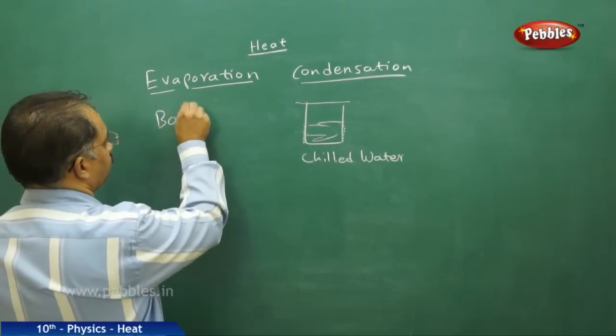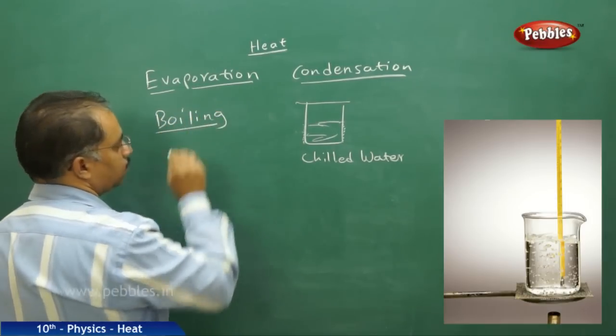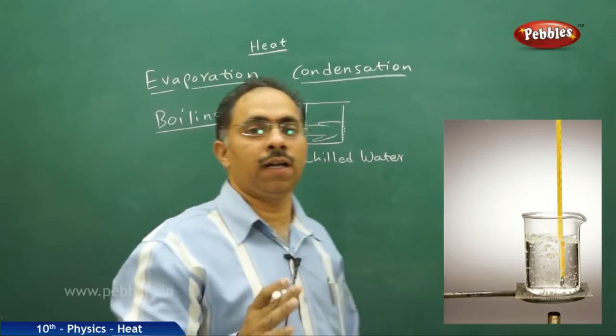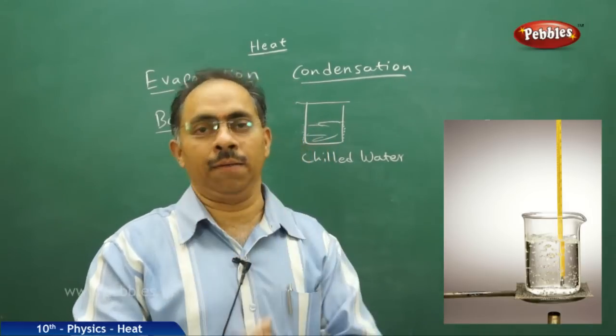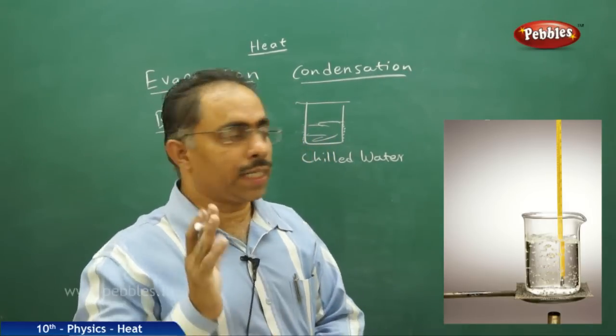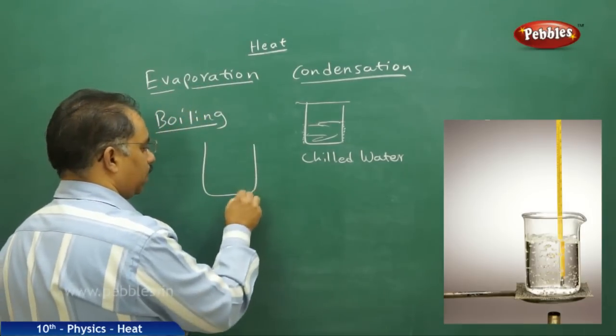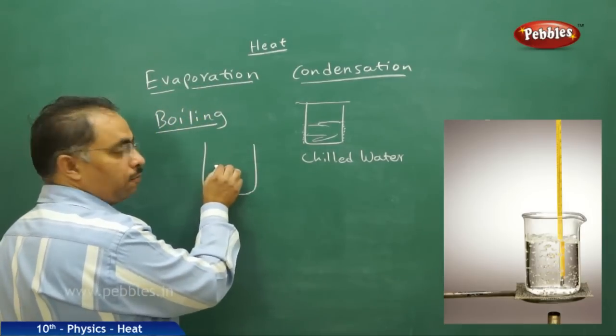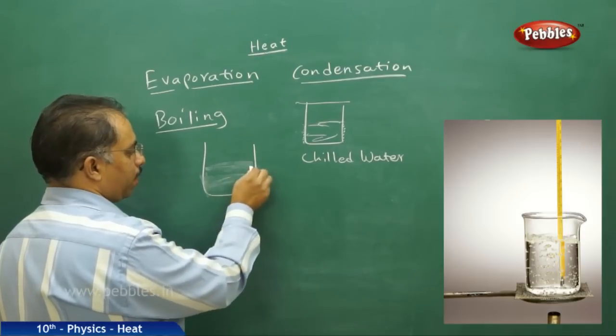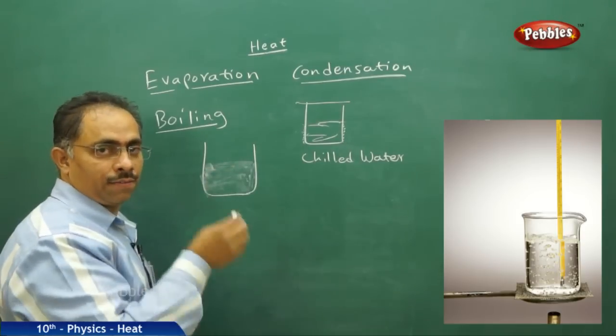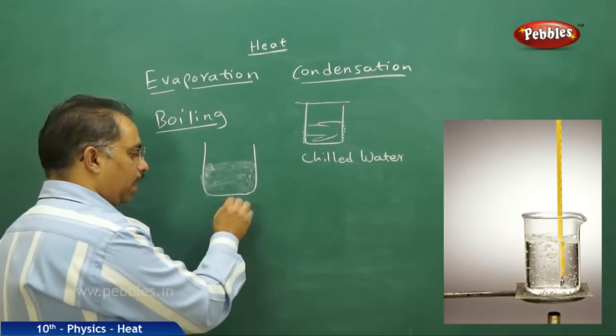Boiling of water will take place only at a particular temperature. To understand this, take a container with chilled water at a very low temperature, some water from a refrigerator, put it in a container and start heating it.